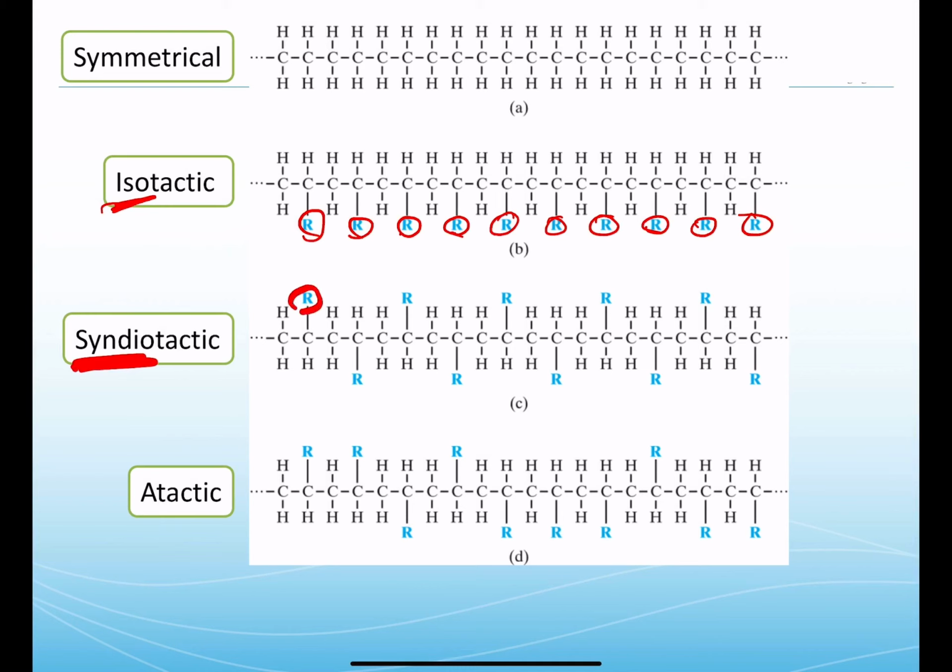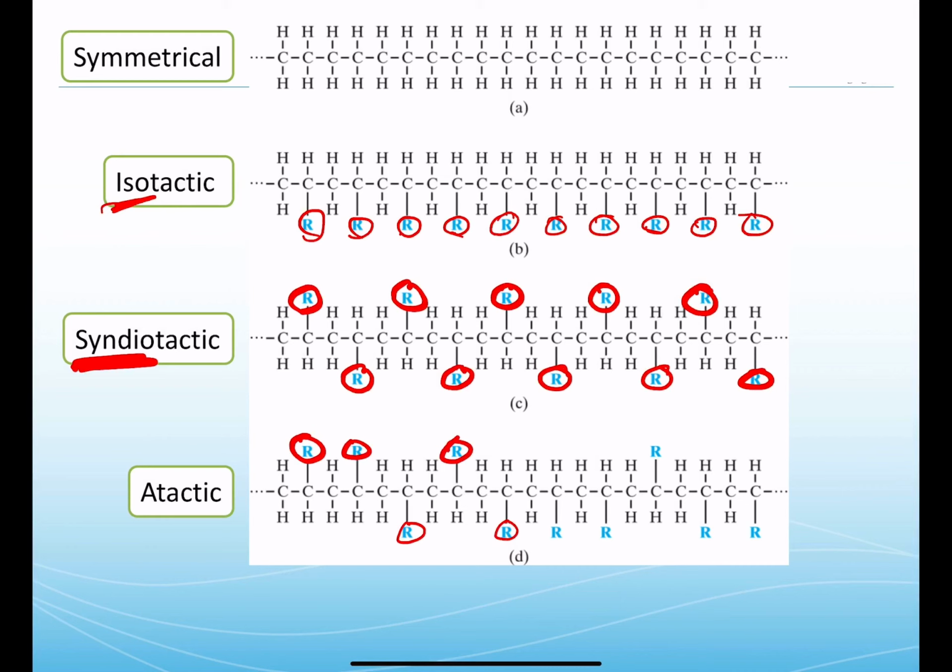So the side chains alternate from one repeat unit to the next to position these side chains on opposite sides of the chain as we walk down the length of the main chain. If there's no pattern to how the side chains are positioned and are rather positioned randomly on one side versus the other, we term the polymers atactic. An important consequence of this is that with irregularity in the main chain, we suppress crystallization, so this material would only be amorphous.